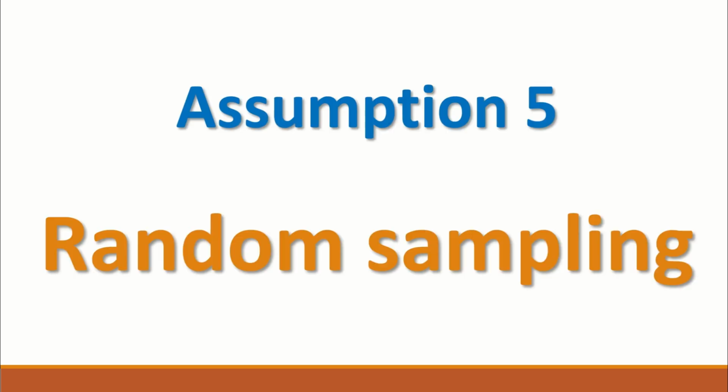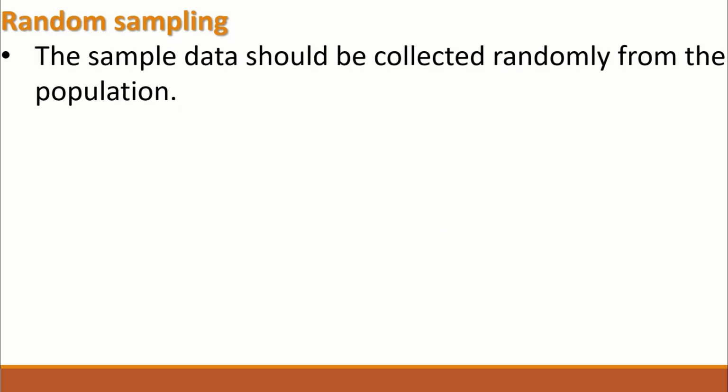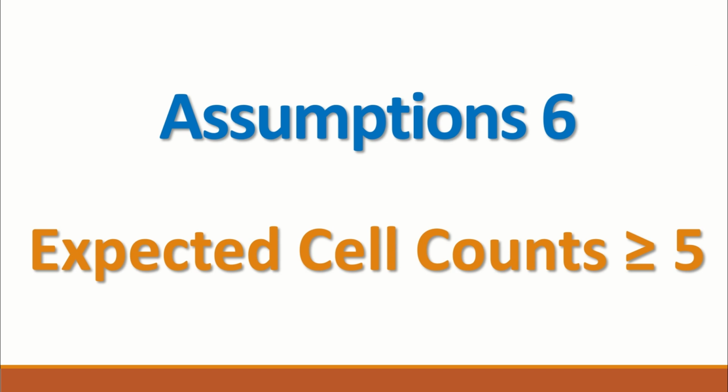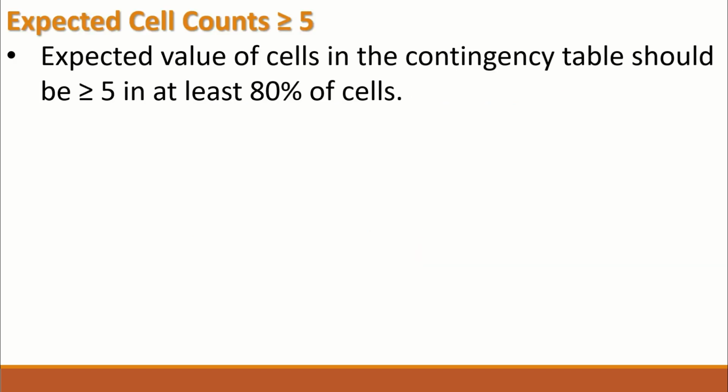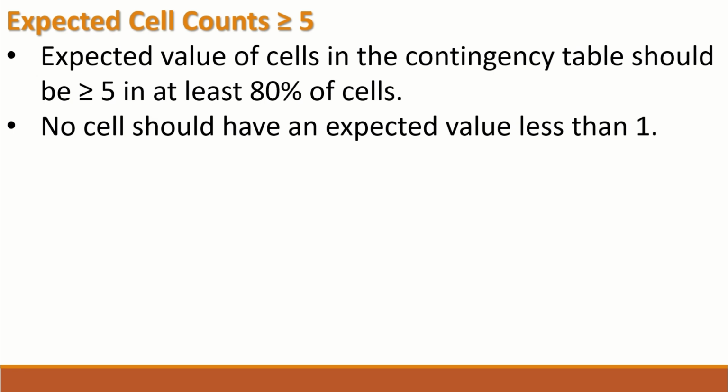The fifth assumption is random sampling, which means that the sample data should be collected randomly from the population. And finally, the sixth assumption is that the expected cell count should be equal to or greater than 5. So the expected value of cells in the contingency table should be equal to or greater than 5 in at least 80% of the cells.